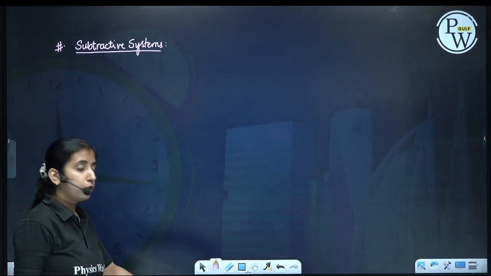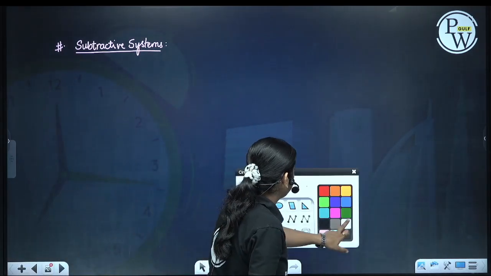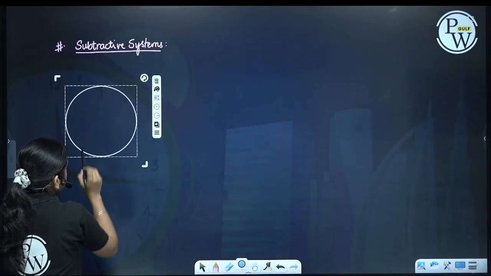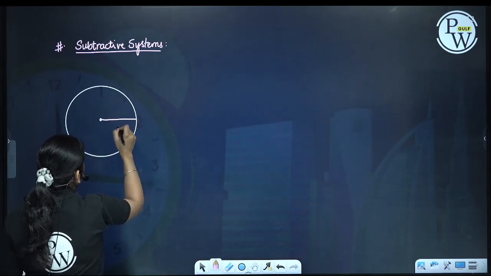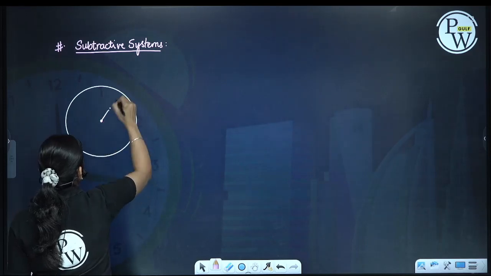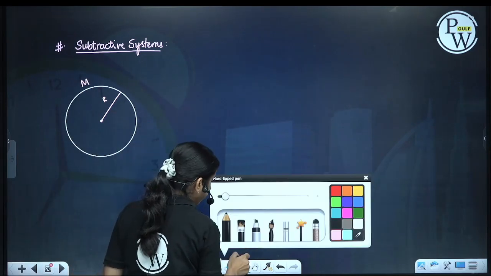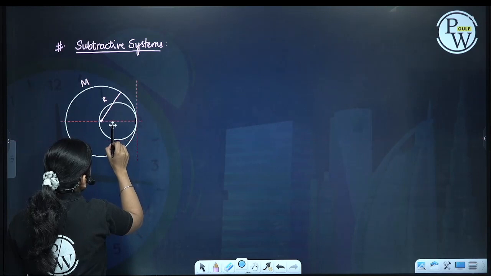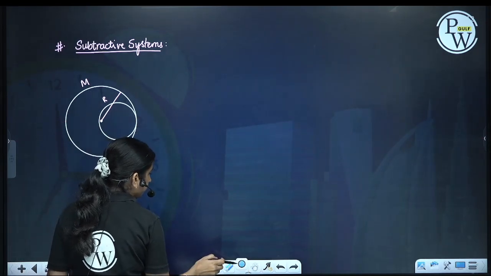Now let us see it for subtractive systems. Suppose we have a disk of mass m and radius r.